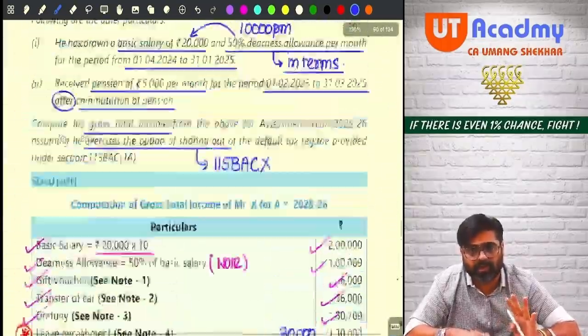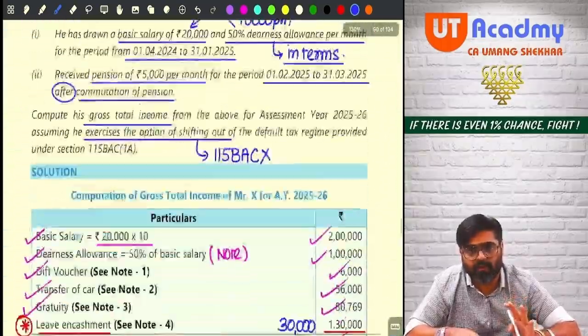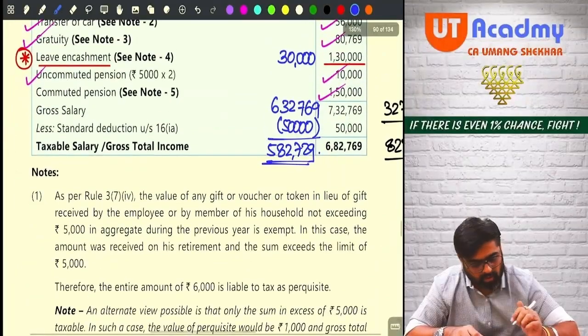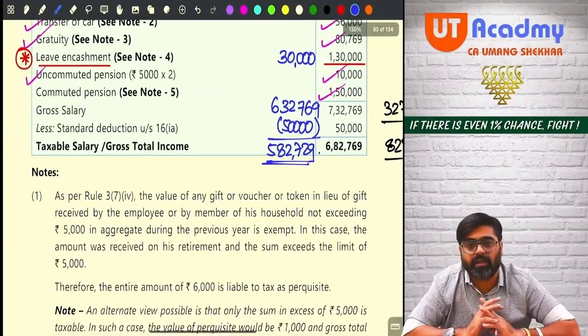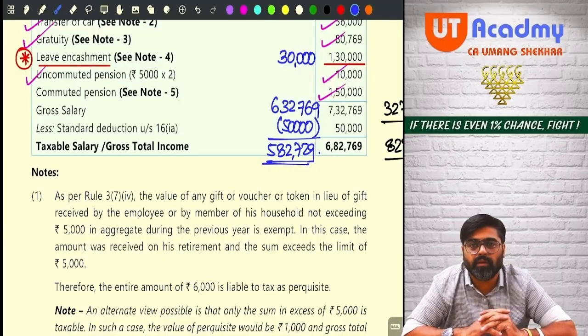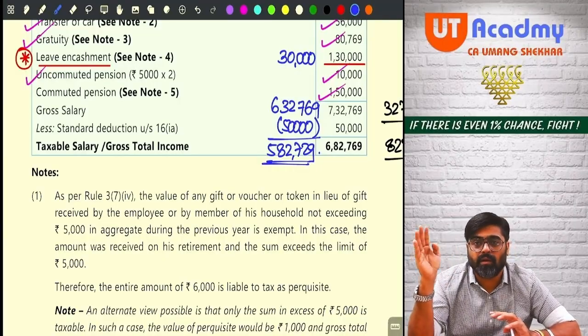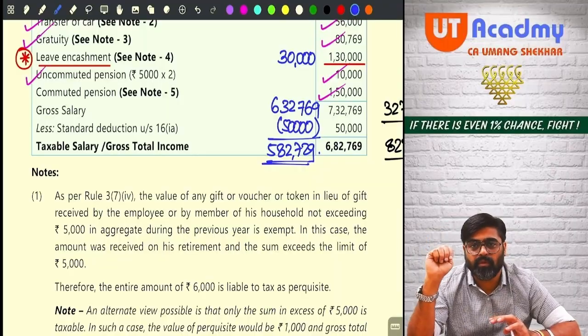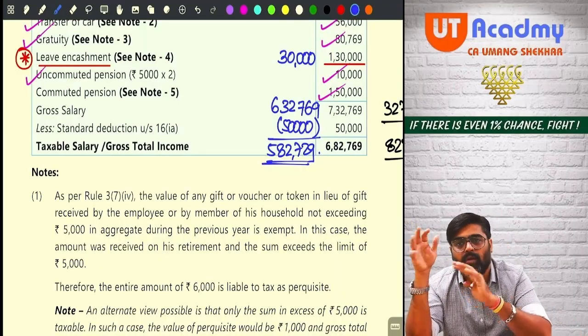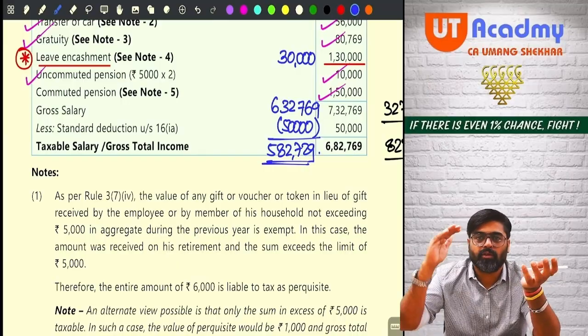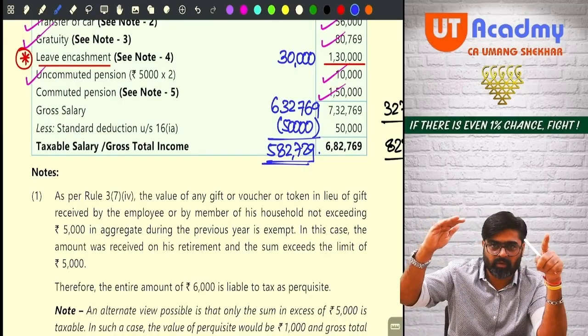Now see, in this question, you have right now calculated this amount, which is your taxable salary after taking standard deduction. But since you did not have any other heads of income, other heads of income will be nil. No clubbing, no set off. So salary, this much amount.